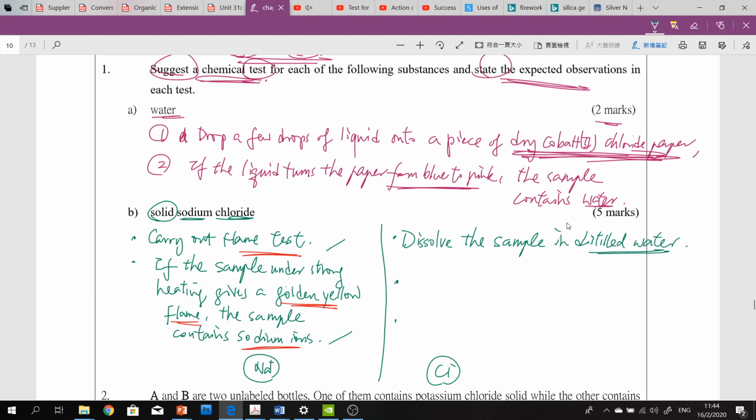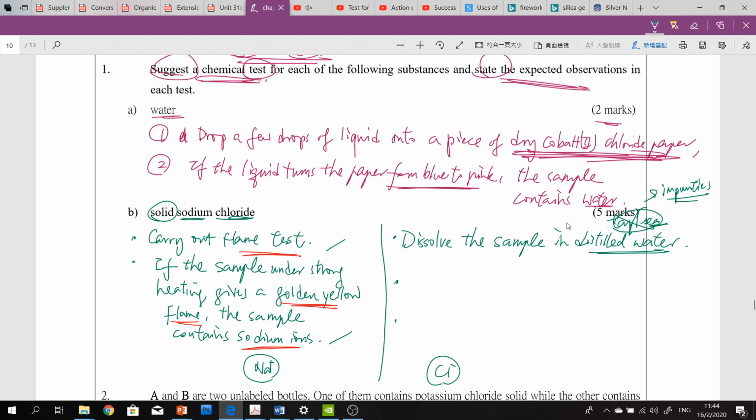How come we use distilled water? Can we use some other water? Tap water, sea water? Of course not. Tap water and sea water are not a good choice, because there may be some impurities inside. For seawater, of course not, right? Because seawater contains sodium chloride.